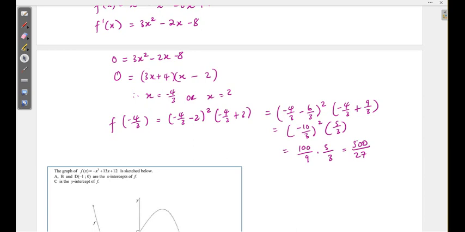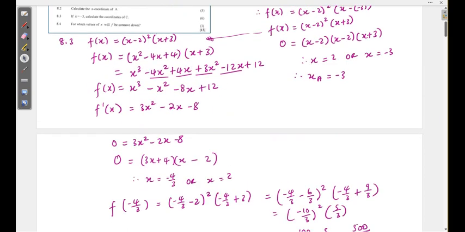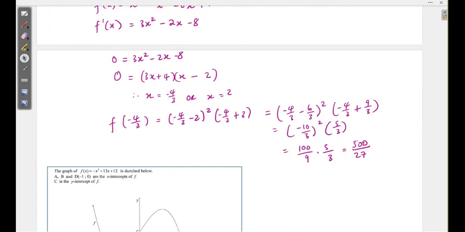Okay, got it, that's the fraction. It's 500 over 27. Oh, nice stuff. So that will mean the coordinates of C are negative 4 over 3 and 500 over 27.